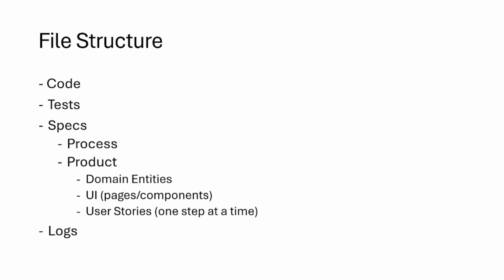The file structure that I used is next to my code project and the test project. I have simply a folder which contains all the specs and, as I said, split into process and product. I also have lots and lots of logs so that I can monitor what the bots are doing.